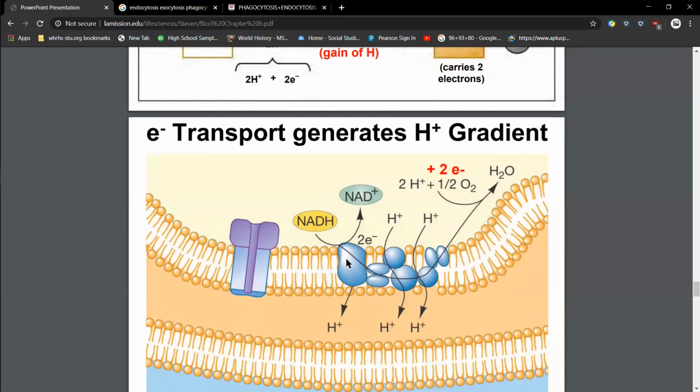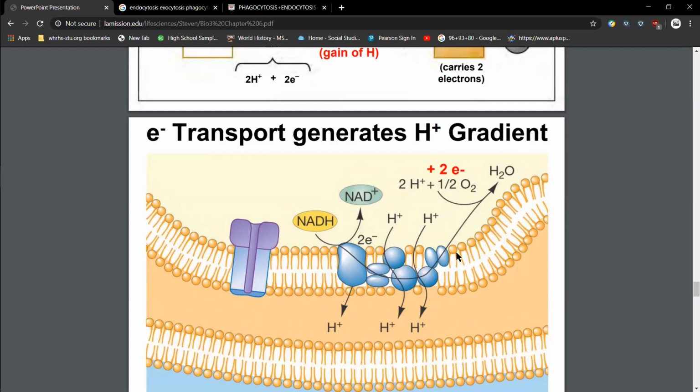So it's going to unbind from the first protein complex, which is oxidation. So the first protein complex is going to be oxidized. It's going to move to the second one. The second one's going to become reduced, and so on and so forth through all of the protein complexes, one being oxidized, one being reduced, and then finally it's going to bind to oxygen and create water.